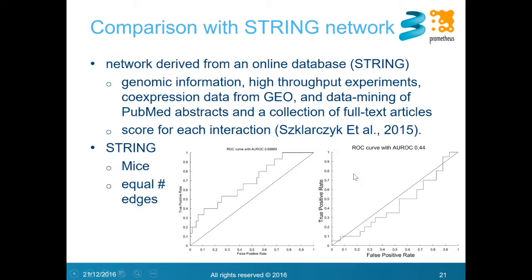And on the right-hand side, as a means of comparison, you see a comparison between the inferred network from the microarray data and a network that was derived from an online database, the STRING database, where it simply took all the information that it had access to related to all the different factors, so the transcription factors that were in the network, and put everything together. The reason why this is performing way less well than this one is because here you get a lot of information that might not be relevant for the case of chondrogenesis.